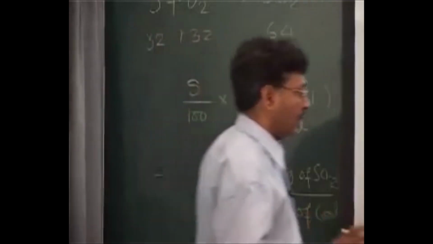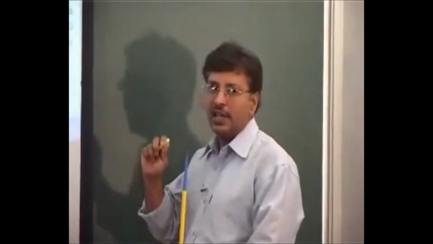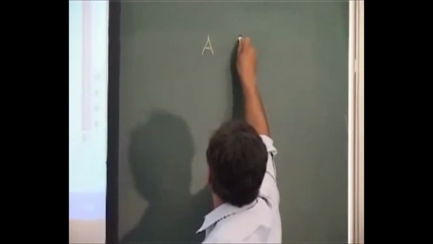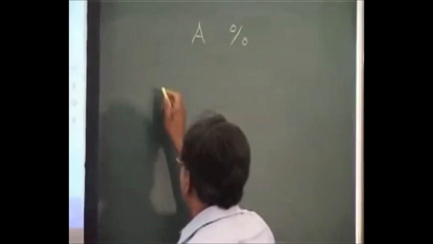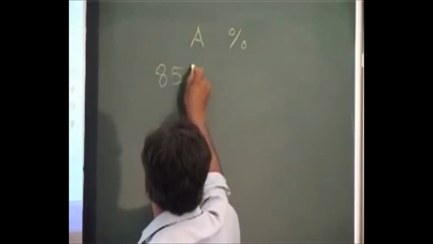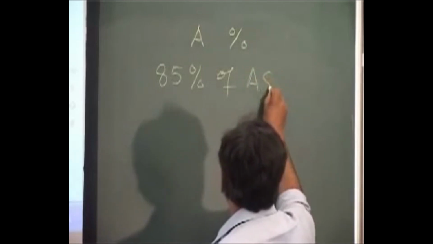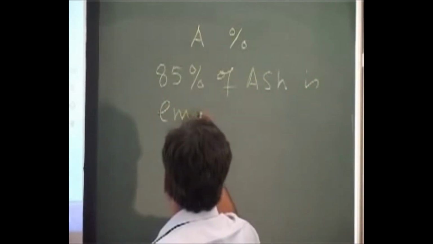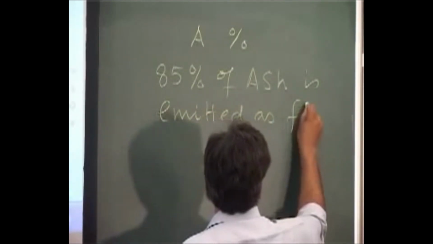Suppose in the same example the coal has an ash content of A%, and I also gave you that 85% of the ash is emitted as fly ash.